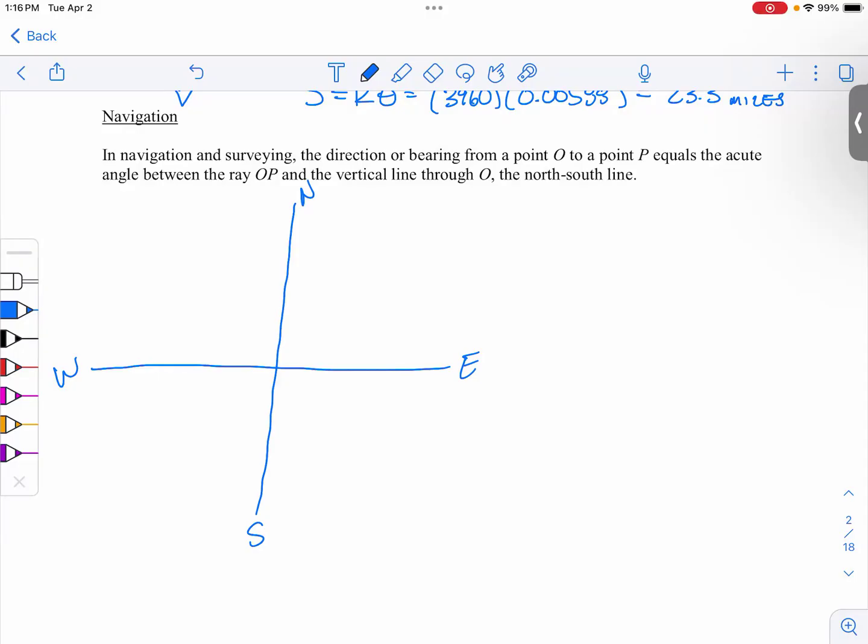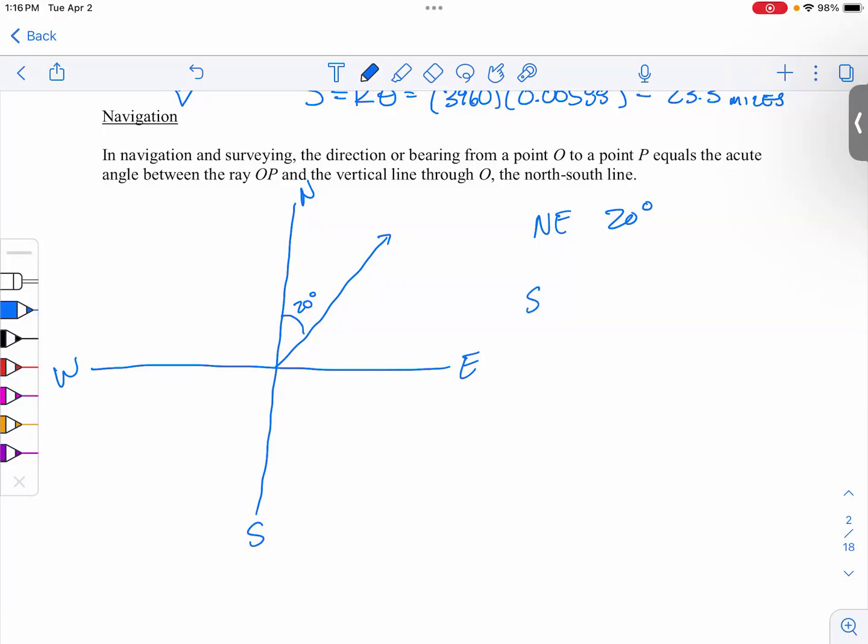So if we have the north-south pole, and I say northeast 20 degrees, that means that angle is 20 degrees. So it's not like how we typically measure our angles, which is off of the x-axis. Everything we've done is we start on the positive x-axis and go from there. Navigation actually measures off of there.